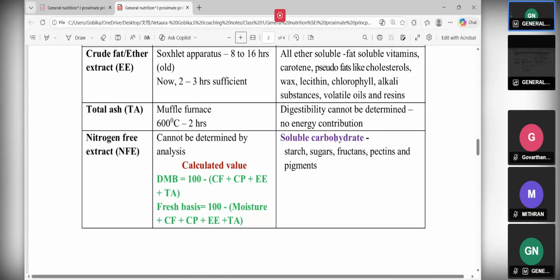Here, it is composed of soluble components. The name itself indicates it is easily digestible. So it includes simple sugars, starch, fructans, pectins, and pigments, all easily digestible by monogastrics. So the soluble carbohydrate content is represented by the NFE content of the proximate principles.